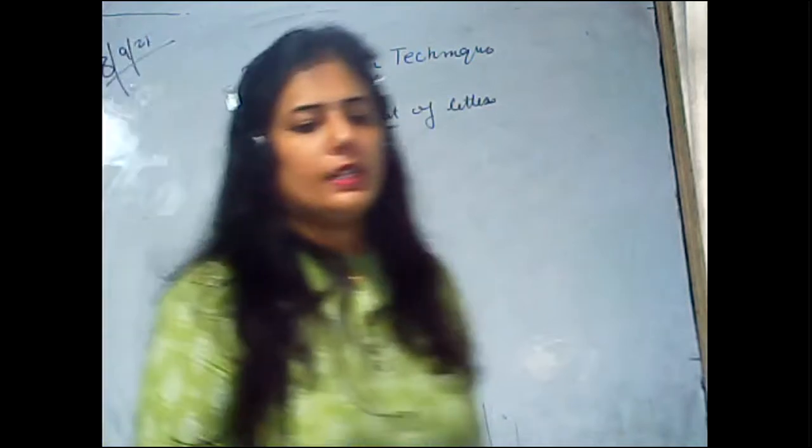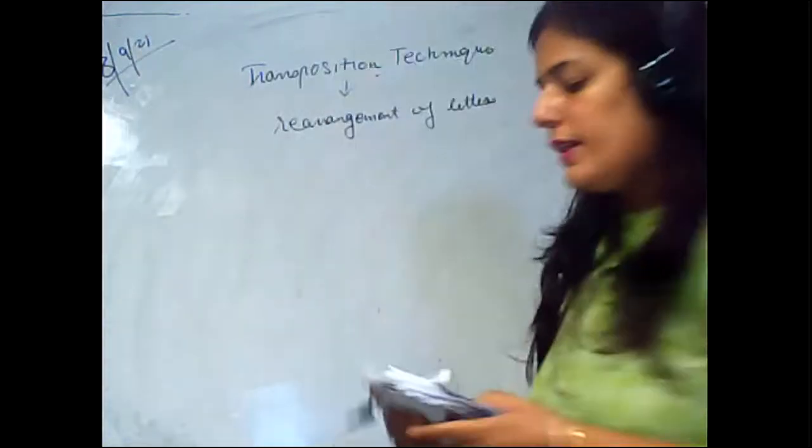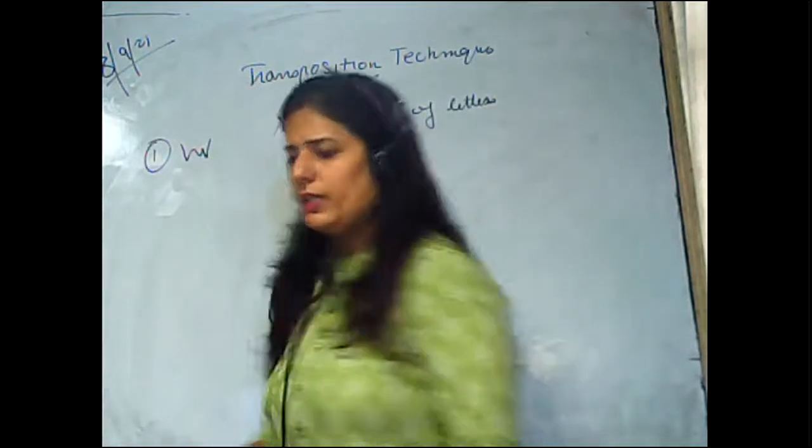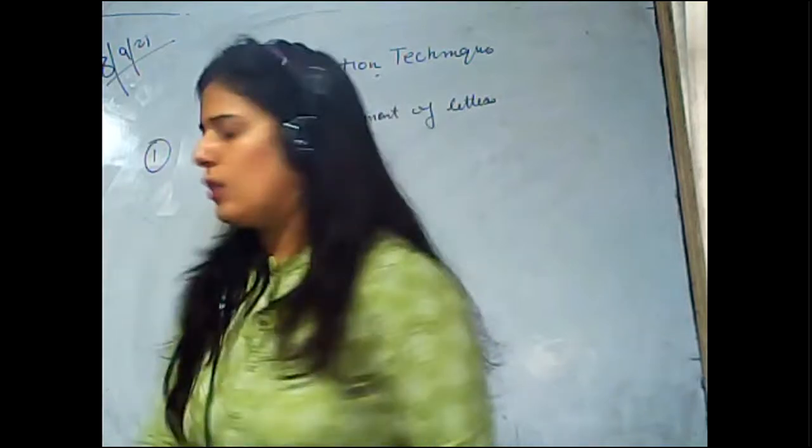Here you can start like this. Transposition can be done without a key and with a key. So how can we do this transposition technique? That is without key, and the second method is with key.